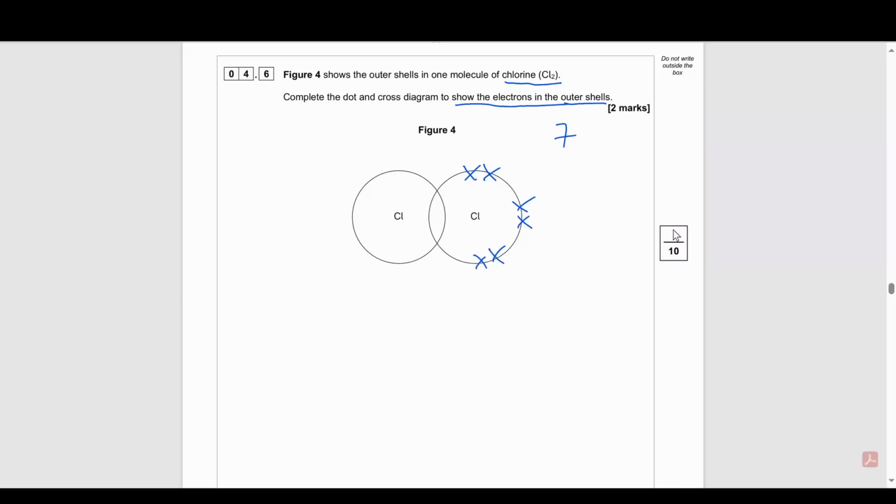Because we want both of these atoms to have a full outer shell, and that is covalent bonding. So we put our electron in the center there. We then do the exact same thing for our other chlorine atom, but this time we can use dots. And that would also mean that our 7th electron for this chlorine atom would also need to be in the middle, and then that means that we've done it correctly.